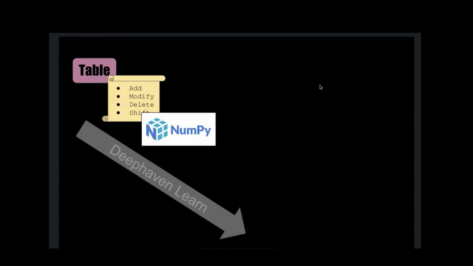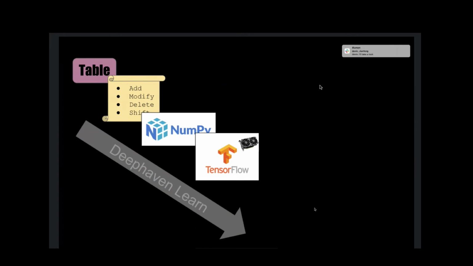So let's step back and think about how we might want this to work. If we start with a table, then we have an update message. With that update message, we can convert into a NumPy object. We can look at the data from the added rows and the modified rows, and that can be used to create a NumPy array. Then those arrays could flow into a library like TensorFlow, which itself could be using GPUs or TPUs or other hardware.